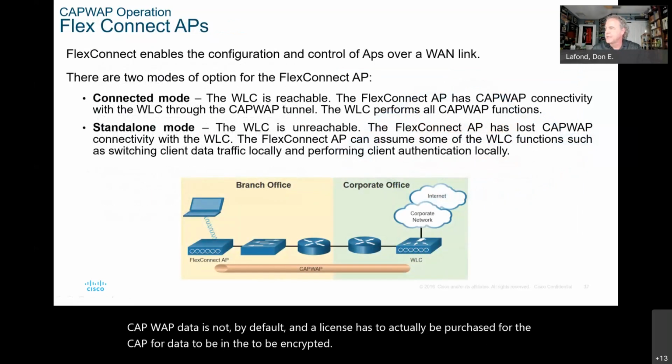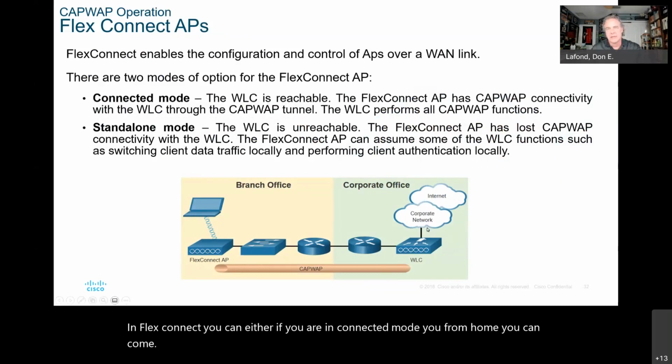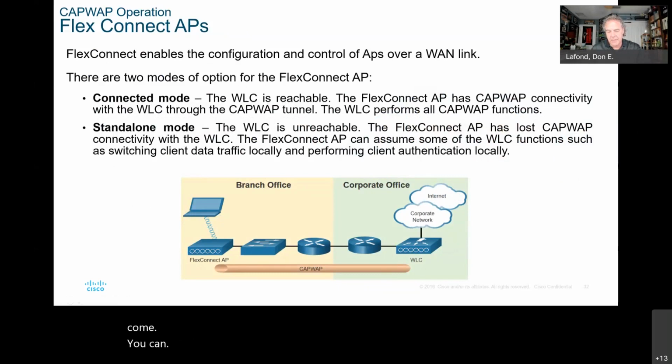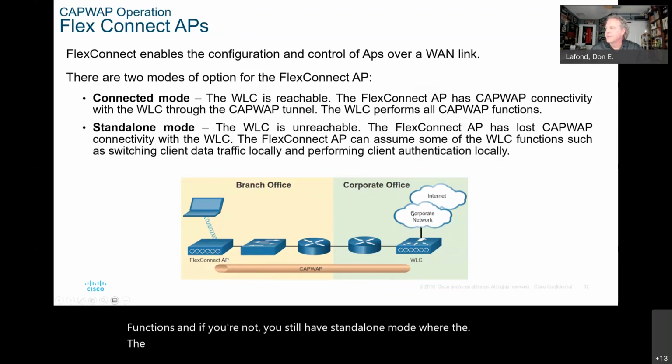And Flex Connect, if you are in connected mode, from home you can access and configure your functions. And if you're not, you still have standalone mode where the local AP, the Flex Connect AP, can assume some of the wireless LAN controller functions, such as switching client data locally.